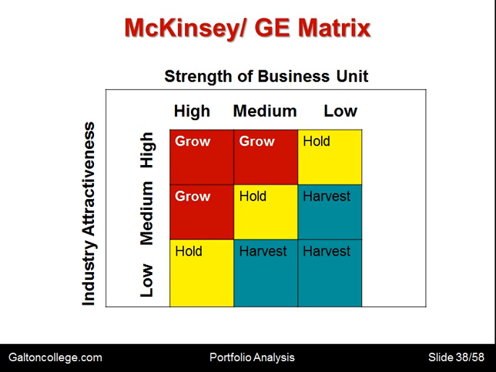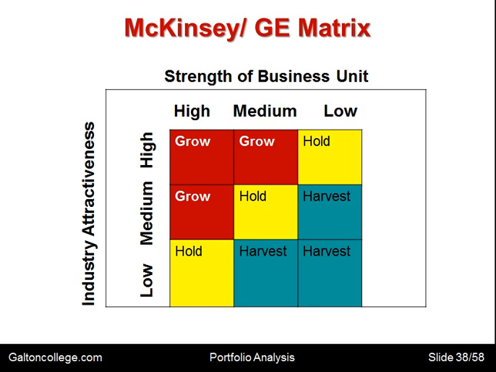So those are the two axes of the matrix. And depending on where the strategic business unit, let's say the product, rests, it could be to grow the product, i.e. invest more in the product, or it could be to hold. In other words, just keep it running to see what happens.